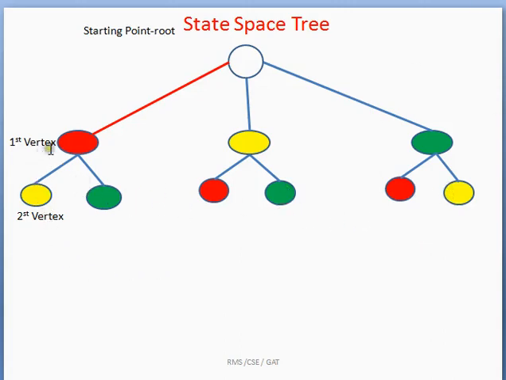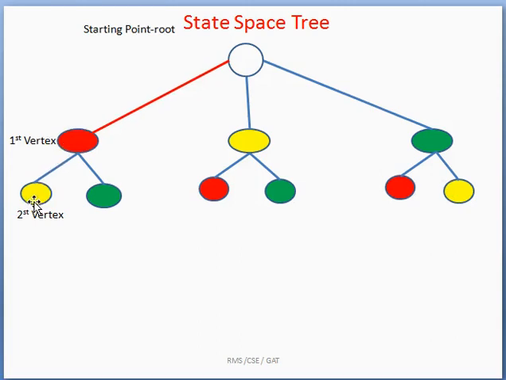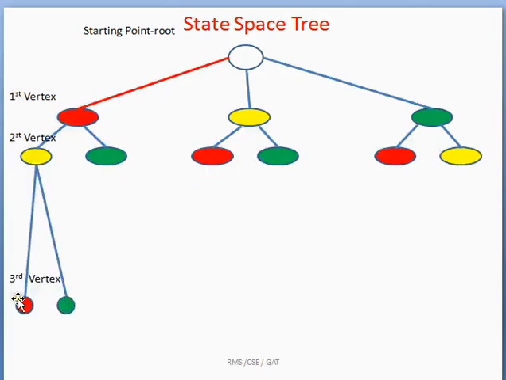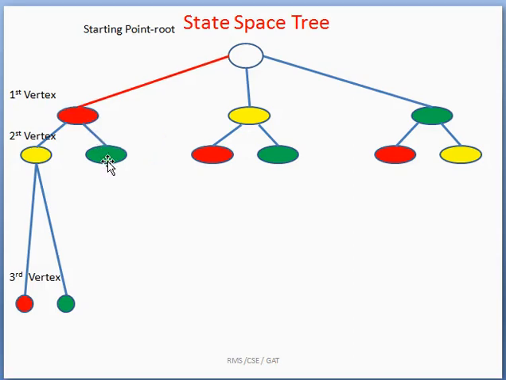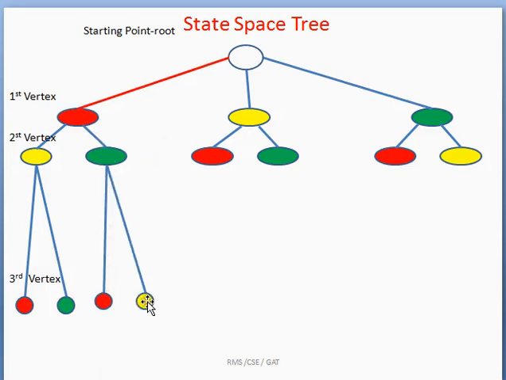Now to label the third node, for example here red, yellow, then the next node should be either red or green. Similarly, if the first node is red and the second node is green, the third node should be either red or yellow. Similarly here, first node yellow, second node red, next it should be yellow or green.